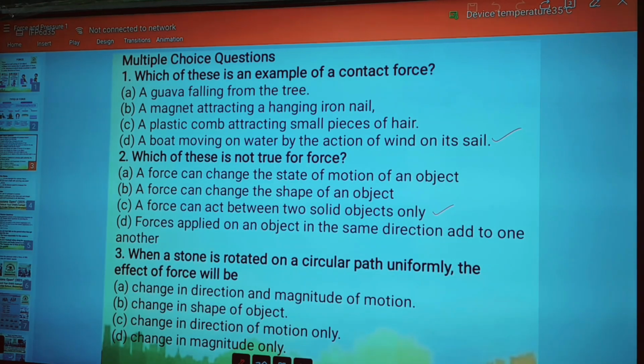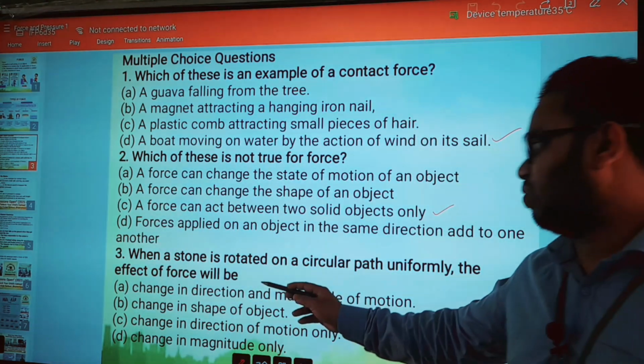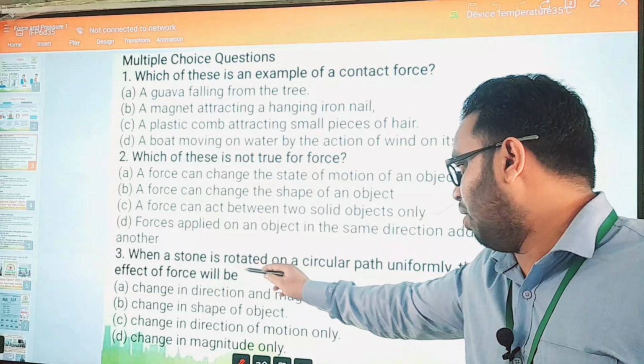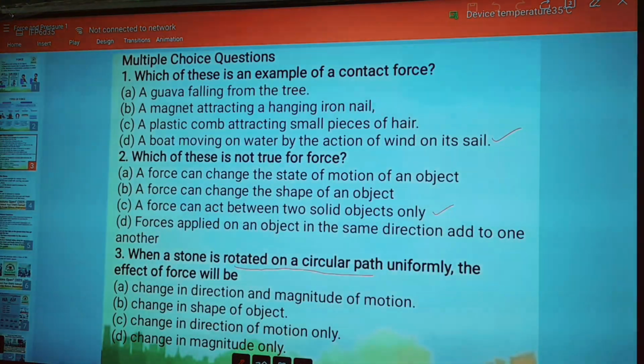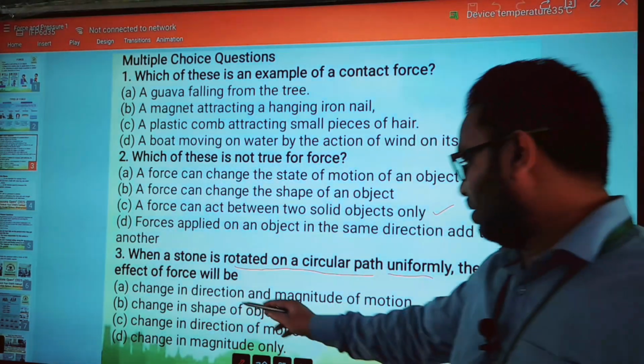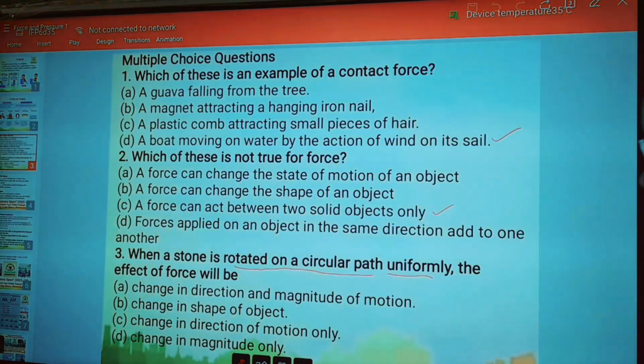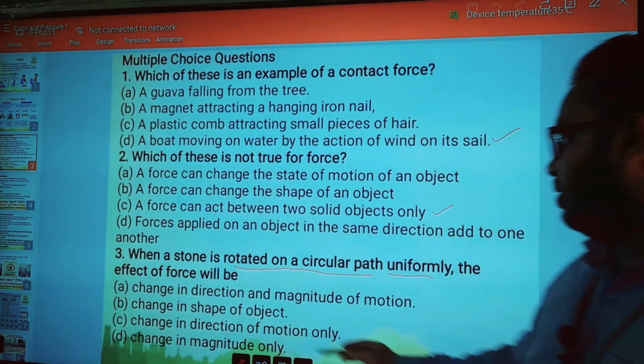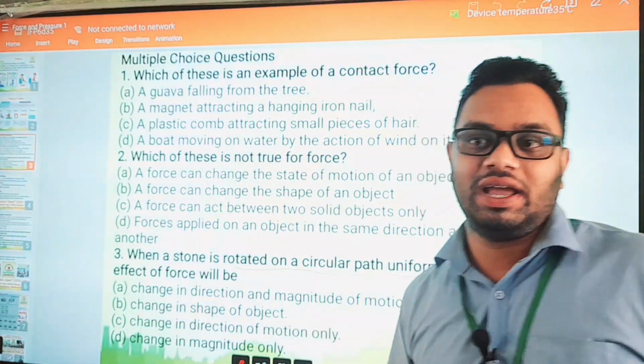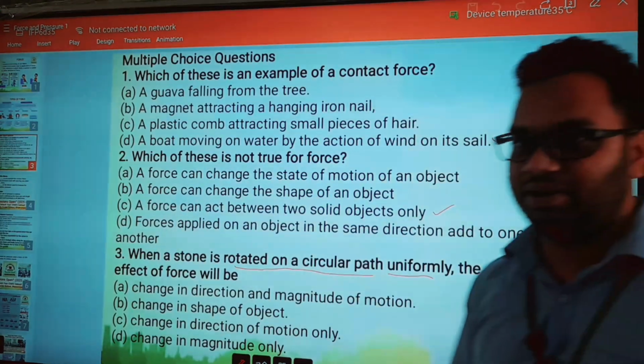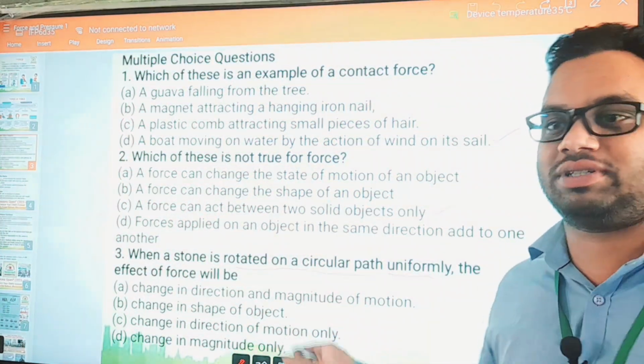Change in direction of motion. When a stone is rotated on a circular path uniformly, the effect of force will be change in direction and magnitude of motion, or change in the shape of the object. Your shape cannot change, yes or no? So anybody who wants to answer the question, come here.